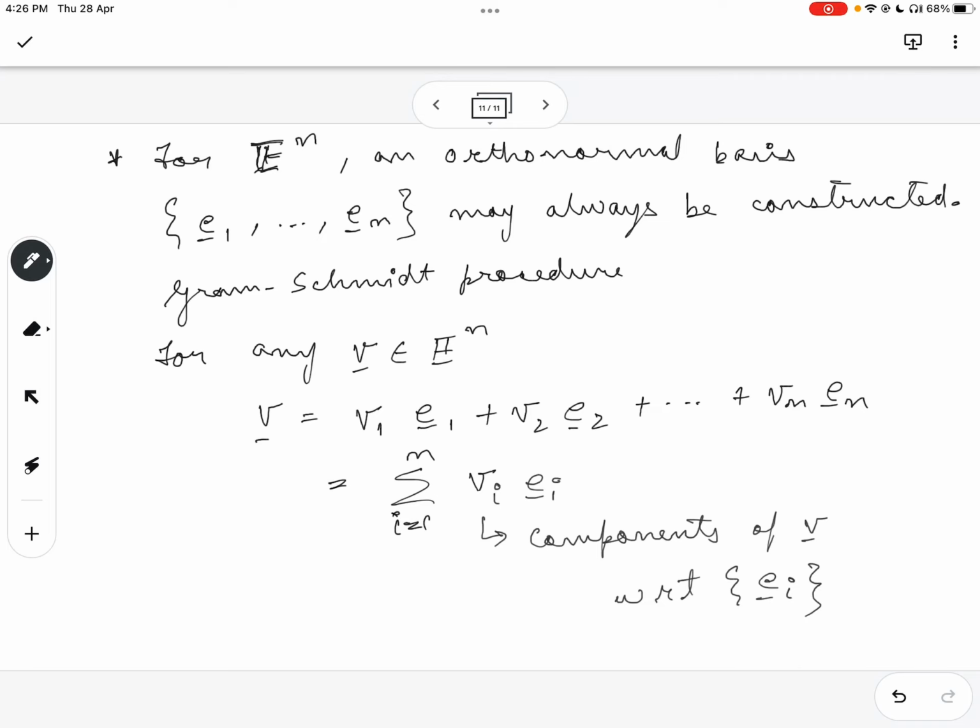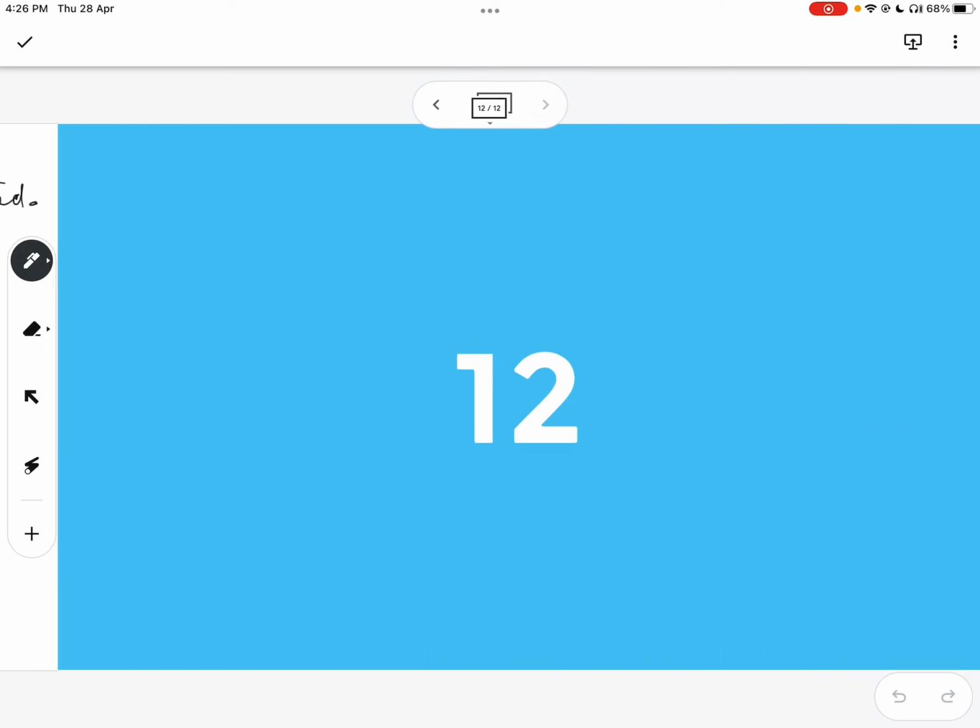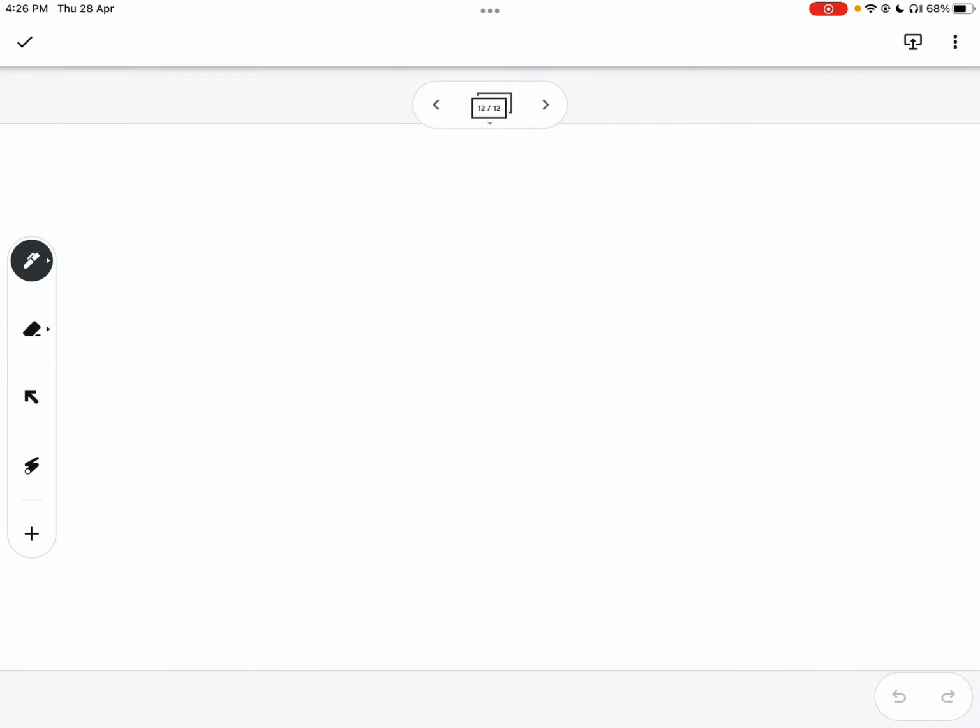So for example, we can have another orthonormal basis. Let's say f1 to fn furnishes another orthonormal basis of En.